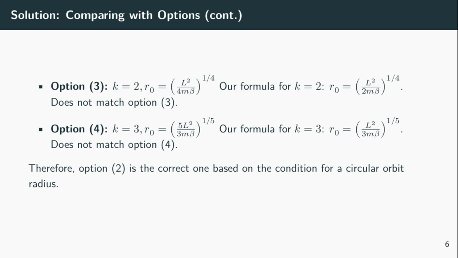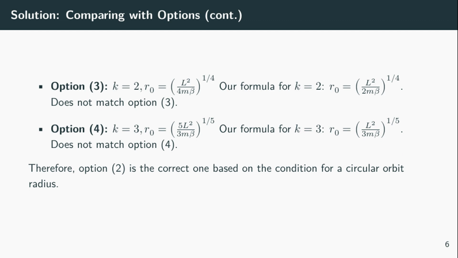Option 3 says k equals 2 and r0 is the quantity L squared over 4m beta, all to the power of 1/4. Our formula for k equals 2 gave r0 equals the quantity L squared over 2m beta, all to the power of 1/4. This does not match option 3. The denominator inside is different, 2m beta versus 4m beta. Option 4 says k equals 3 and r0 is the quantity 5L squared over 3m beta, all to the power of 1/5.